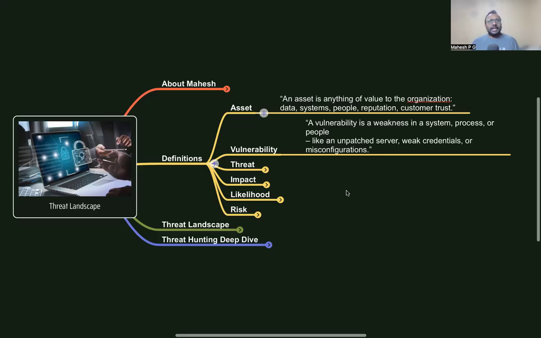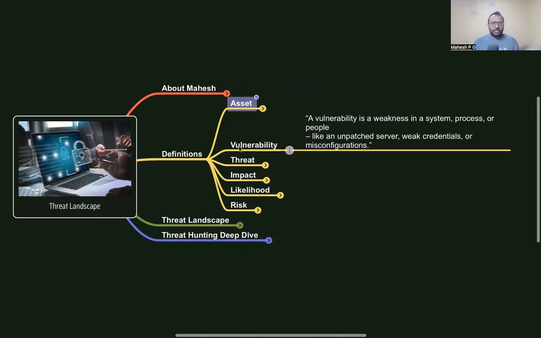If there is a lack of a follow-up process or a standard operating procedure, it's a weakness. If people are not aware of cybersecurity threats, or are clicking a lot of phishing links and URLs or downloading a lot of anomalous files, that means there is a lack of awareness. That is also a weakness, which is a vulnerability.